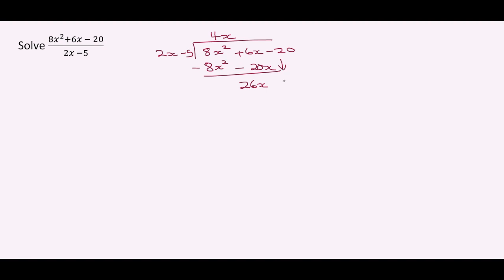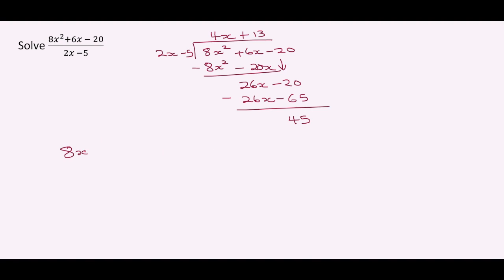And then we can bring down the minus 20. 26x divided by 2x, that's going to give us plus 13. 13 multiplied by 2x is 26x. 13 multiplied by minus 5 is minus 65. Now we subtract again. Minus 20 minus 65 is minus 20 plus 65, so that's going to give us 45.